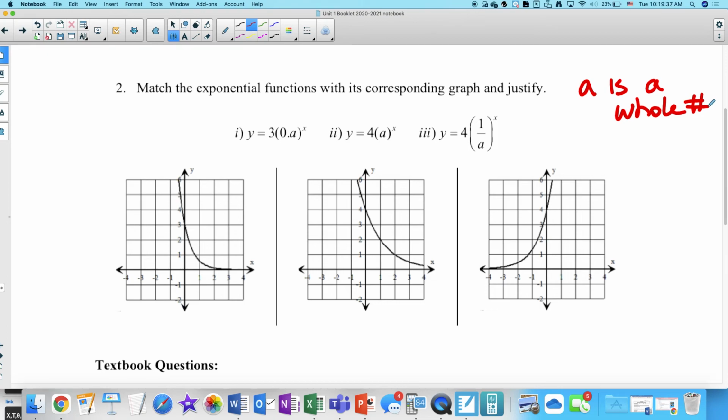Okay? So can anyone match one of them up? Yes, this guy matches here. How do you know? Yeah. This is the only one where the y-intercept is 3, and the a value is 3. Okay? So that's one reason.